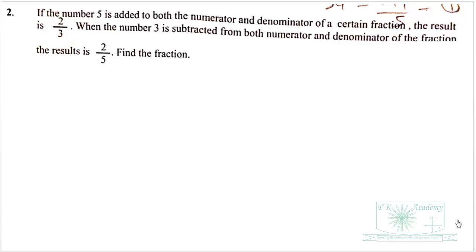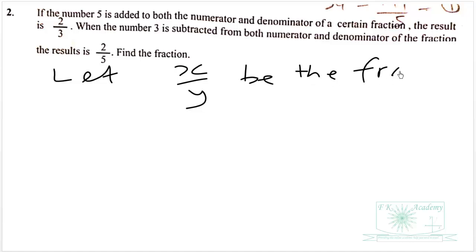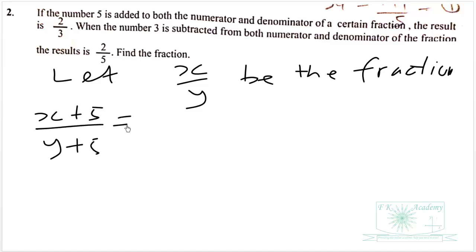So we don't know the fraction, so let x over y be the fraction. So if that is the case, when we add 5 to both the numerator and the denominator, the result will be 2 over 3.